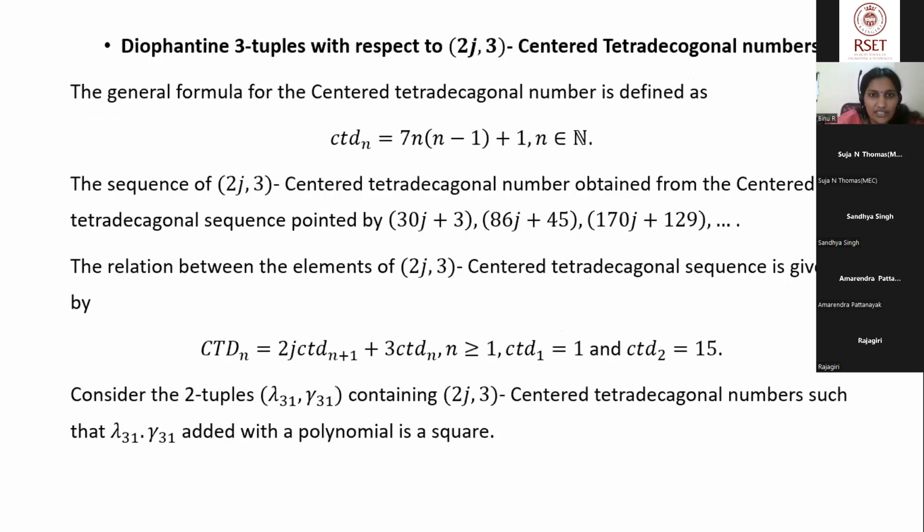Now, Diophantine 3-tuples using the centered tetradecagonal numbers. The general formula is given by CTDN is equal to 7n into n minus 1 plus 1. The sequence that I choose is 30j plus 3, 86j plus 45, 170j plus 29, etc. The relation is given by CTDN is equal to 2j CTDN minus 1 plus 3 CTDN, where n is greater than or equal to 1, CTD1 is equal to 1 and CTD2 is equal to 15.